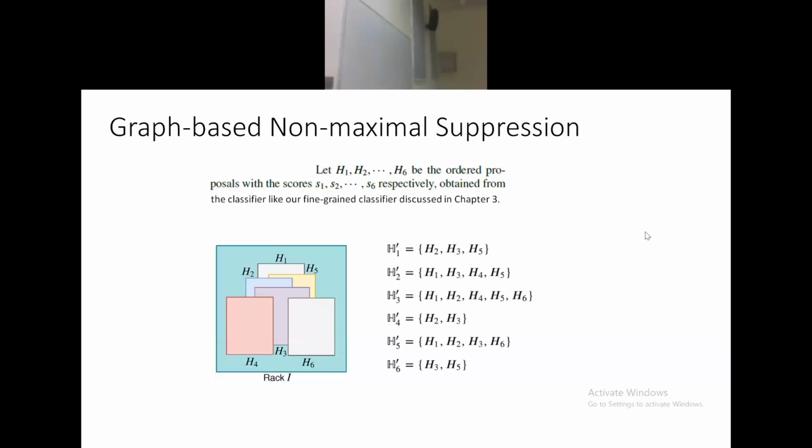So you can have a set defined which you call an ordered proposal. These are all ordered regional proposals. Each of them has a confidence score, and the confidence score comes from the CNN softmax level.